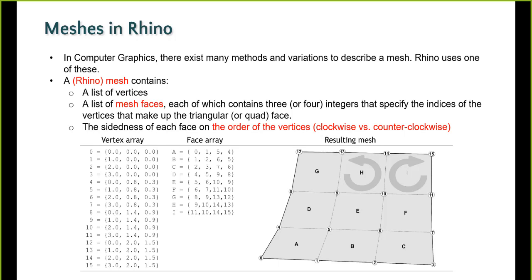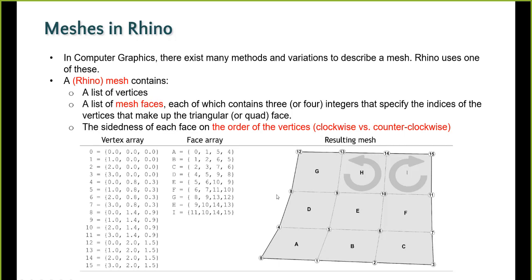So here's an example. On the left, you have a list of vertices, the vertex array that represents these points: 0, 1, 2, 3, 4, 5, 6, 7, 8, 9, 10, 11, 12 through 15. All in one list, nothing but their order and point location in that list. And then there's a separate list that talks about what order you connect these.